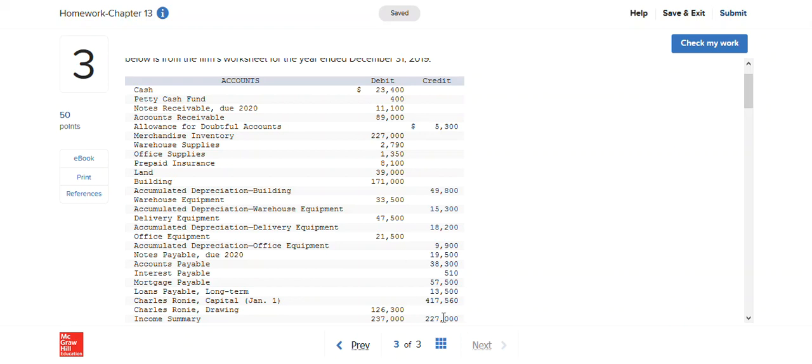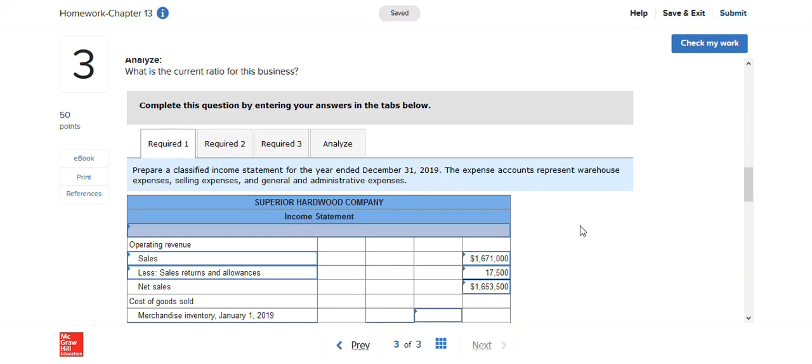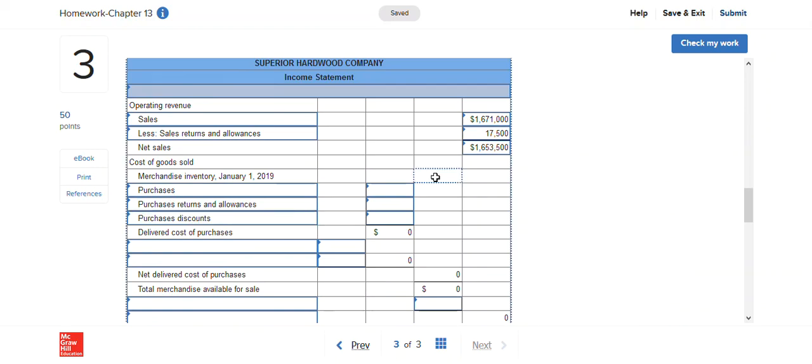So if this is the ending inventory, the $227,000, the first thing we did when we adjusted our merchandise inventory was we took out the beginning of the year balance, which is right here. So that $237,000 that's in income summary is actually the beginning inventory.